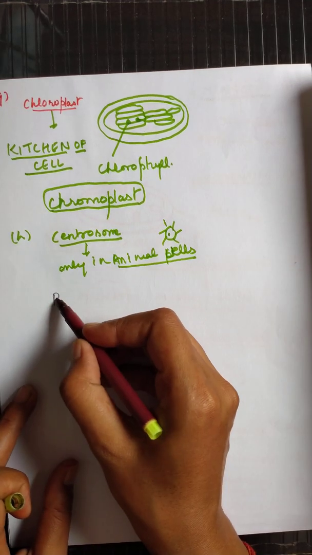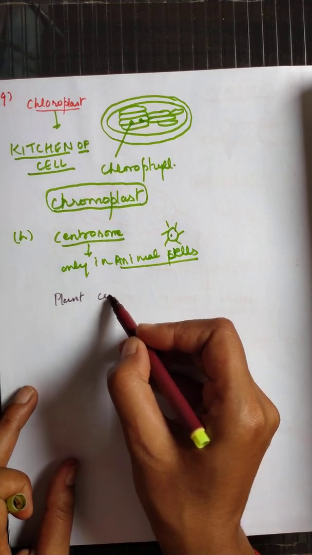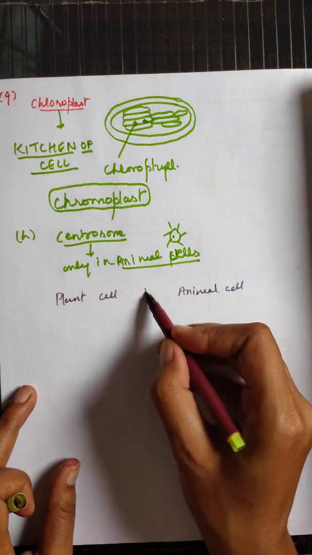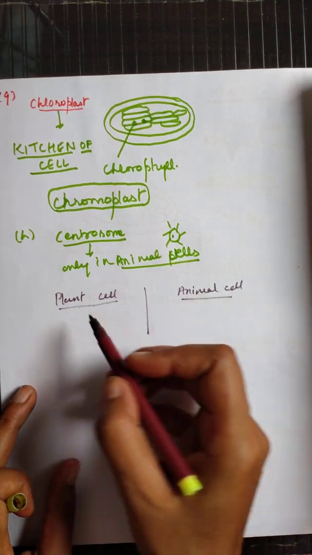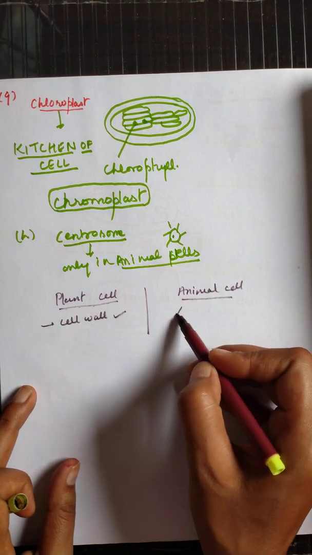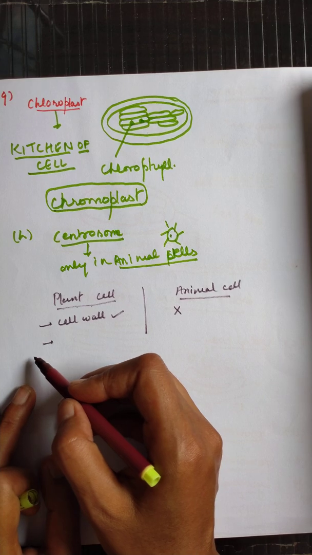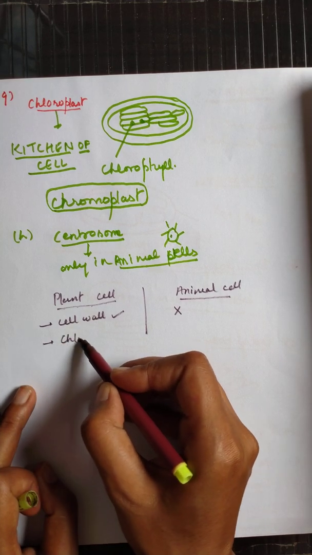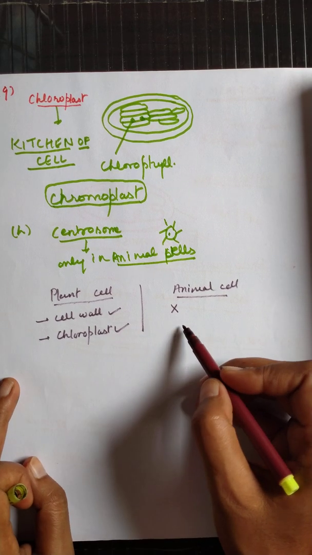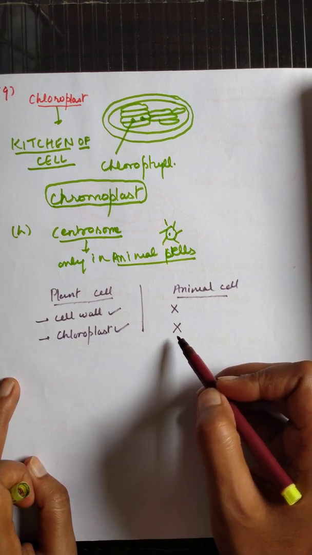Now students, we will discuss the basic differences between the plant cell and the animal cell. As you have studied, in plant cell the cell wall is present, whereas in animal cell the cell wall is absent. In plant cell the chloroplast is there, because plant cells perform photosynthesis, but in animal cell the chloroplast is absent.